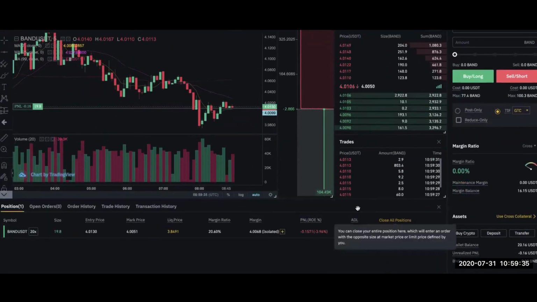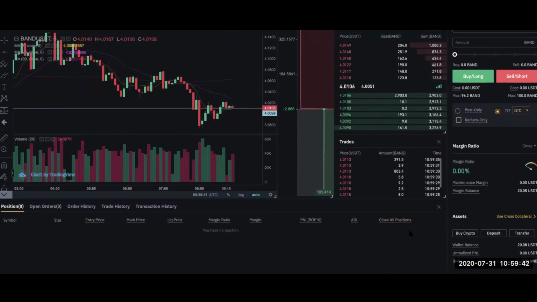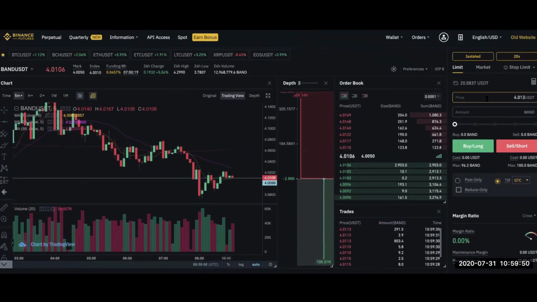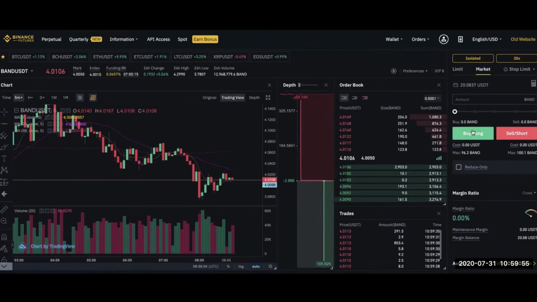So now what I can do is, because I love doing this thing, I think I closed that one by mistake. So let's enter market now. We're going to buy long 20%.